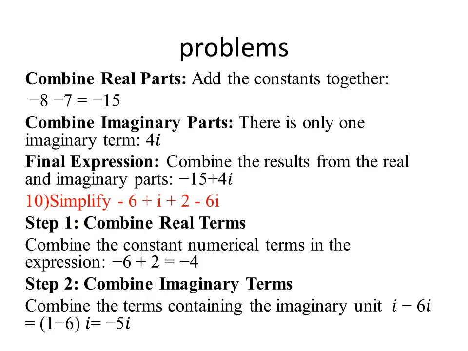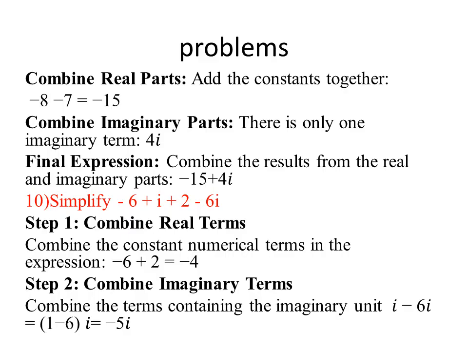After this, we add the constants together. -8 - 7 gives -15, and for the imaginary parts, there is only one part, that is 4i. Therefore, the final expression becomes -15 + 4i.